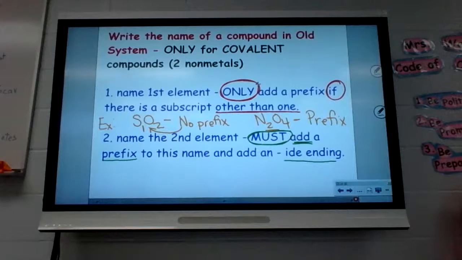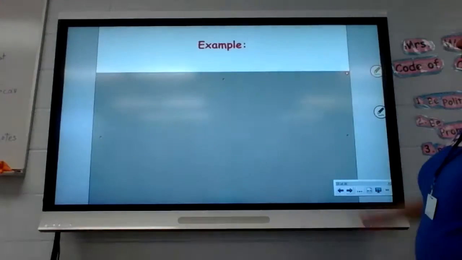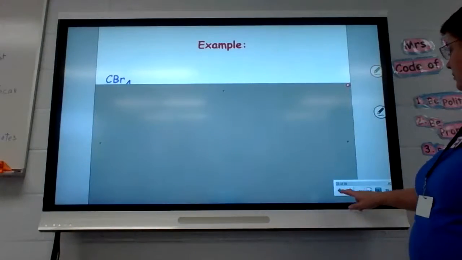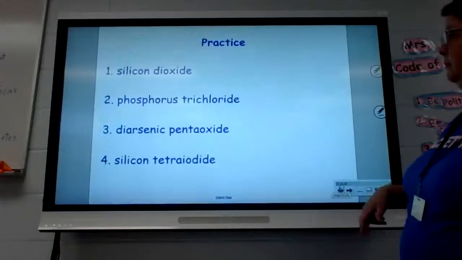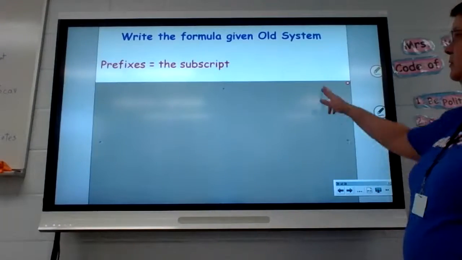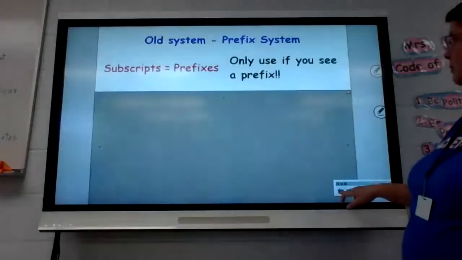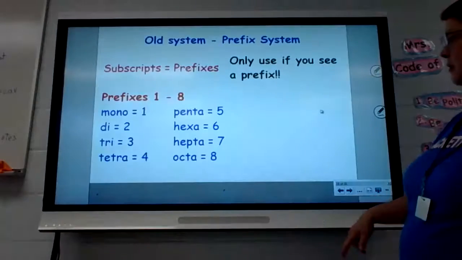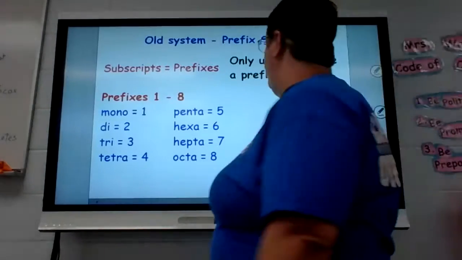All right, good? All right, so let's look at the prefixes. No, those are not prefixes. Where are the prefixes? There are the prefixes, except I need to add 2 for y'all.